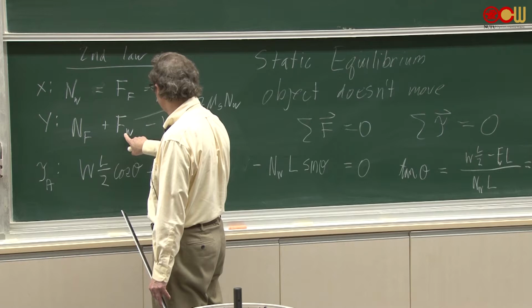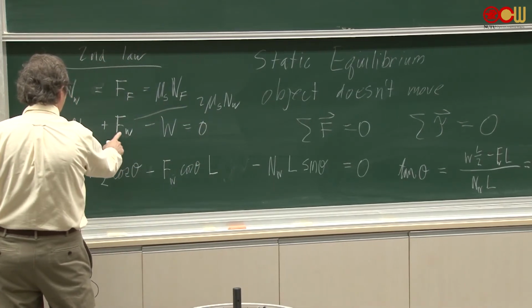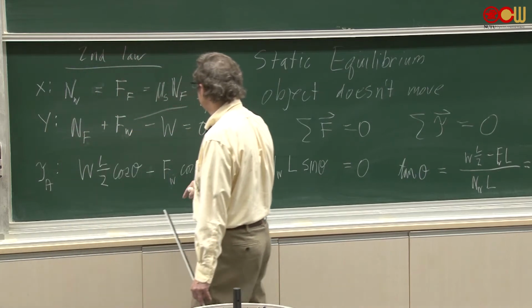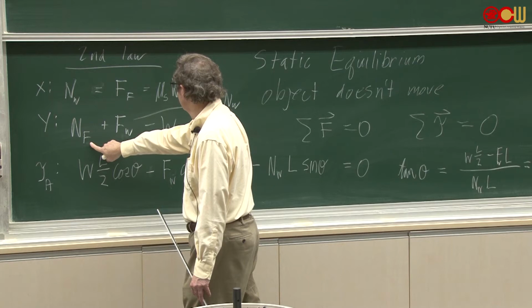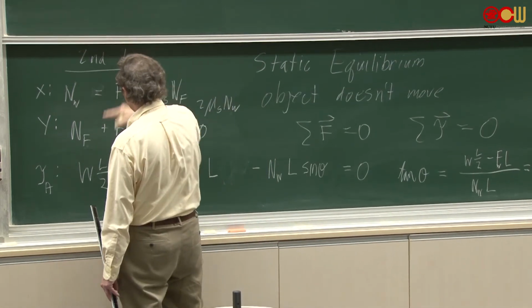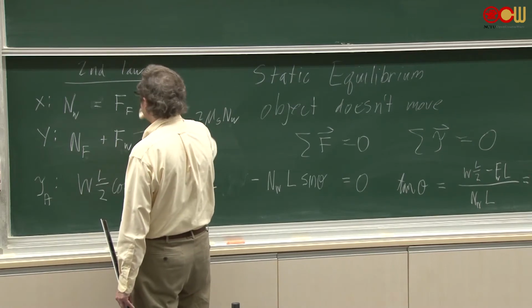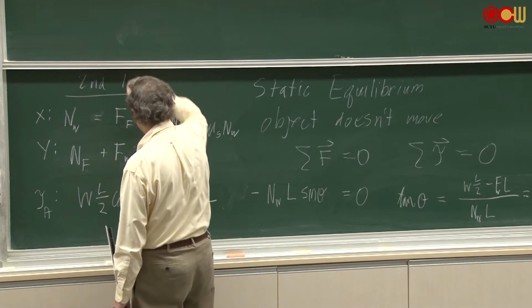Here we have F wall and N floor. So it's N wall and N floor, and then N wall and N floor again. So I think we could do it. Let's see, how do you want to do this?